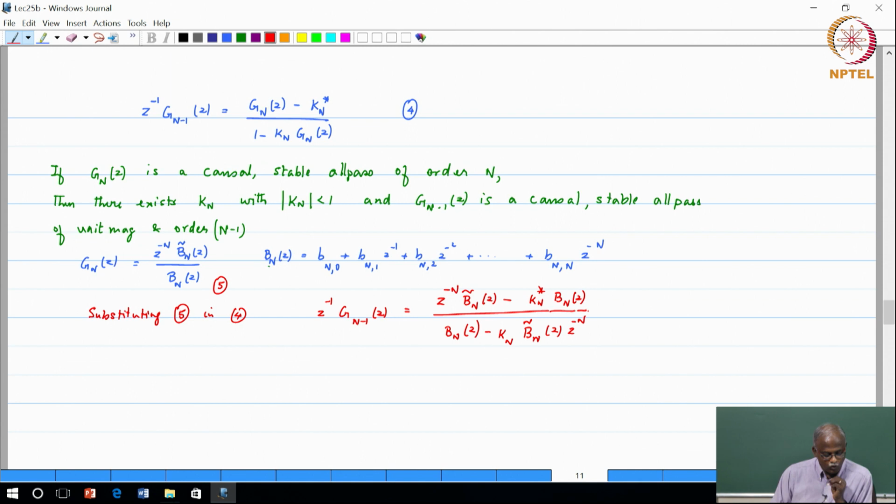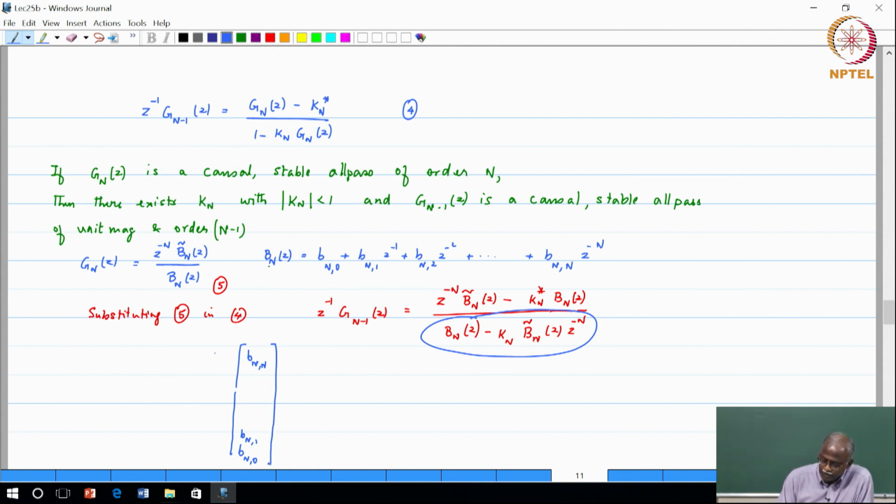Okay. So, what I would like to do is focus in on this portion of the expression. Okay. So, I am going to write the polynomial in the following way. I am going to write the coefficients as a vector. Again, you will see in a minute why that is helpful for us. So, the coefficients are b n comma 0, b n comma 1 all the way to b n comma n.